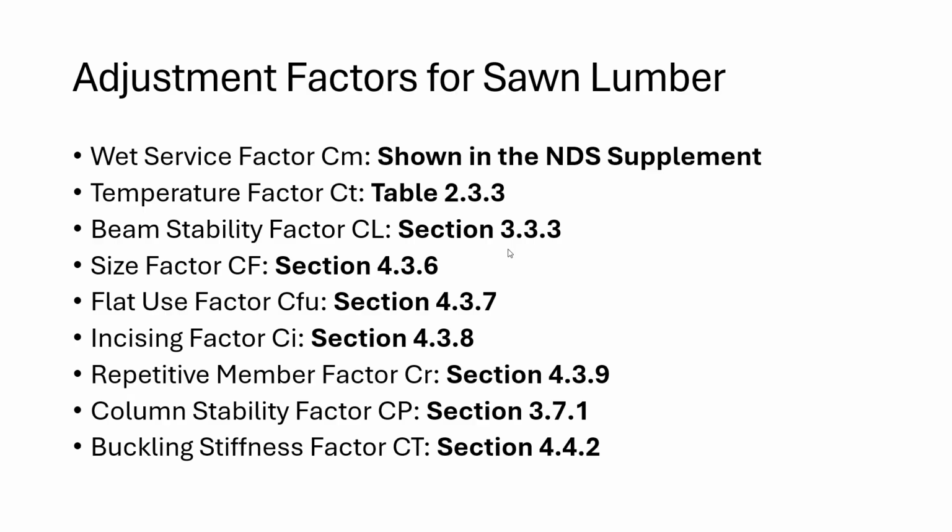For instance, if you have a deeper member, say 12 inches, versus a shorter one, you're going to have a different bending stress because you are squaring or cubing that height to resist the moment, or squaring if you're using section modulus. So size factor is important to use. However, you'll get a feel for it; a regular 2x4 is not going to have any reduction.